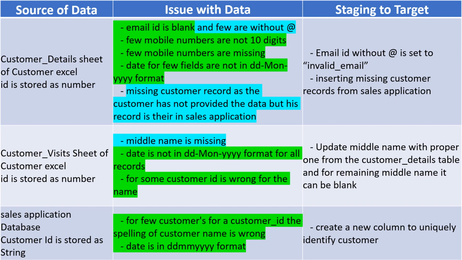Only one mistake I've made: a few emails without the at sign, in the first line, have been changed here in staging to target. So an email ID without the at sign is set to invalid email.